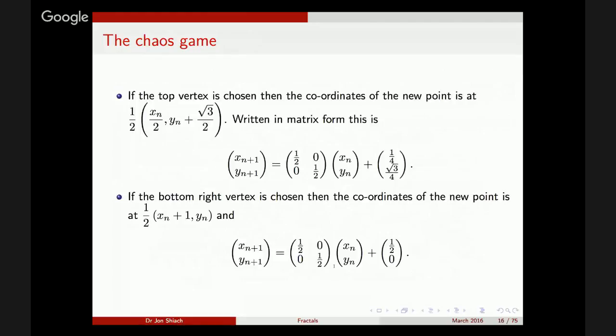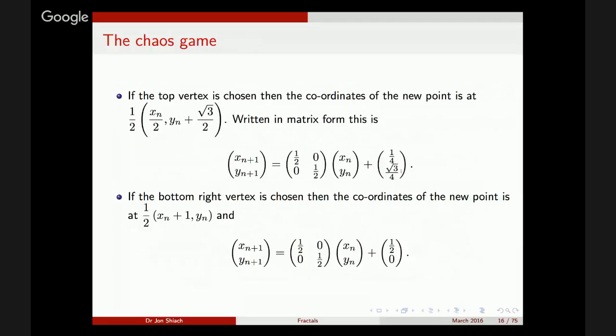However, what if we chose the top vertex? Well, the coordinates of the top vertex are at xn divided by 2 and yn plus root 3 over 2, and we go halfway towards that. So we can write that in matrix form as this scaling plus that translation.